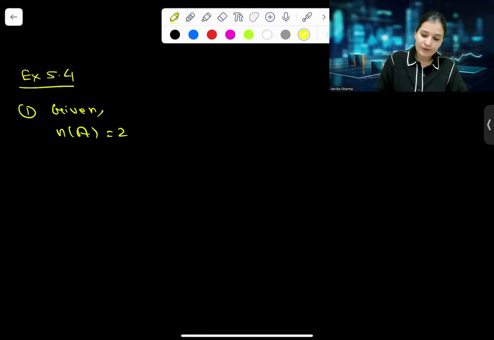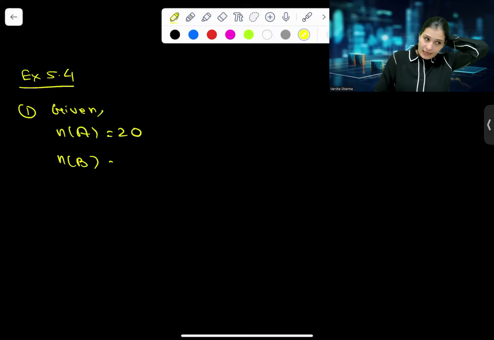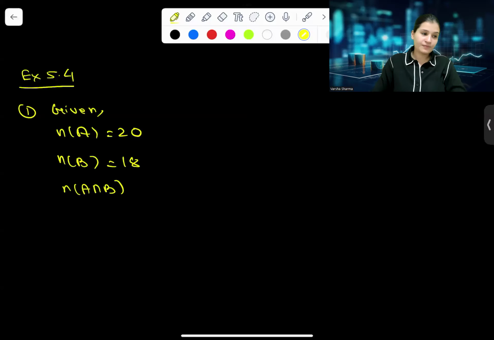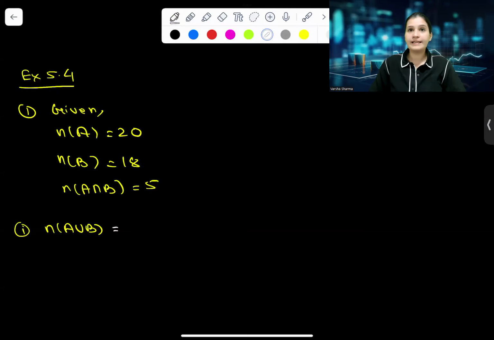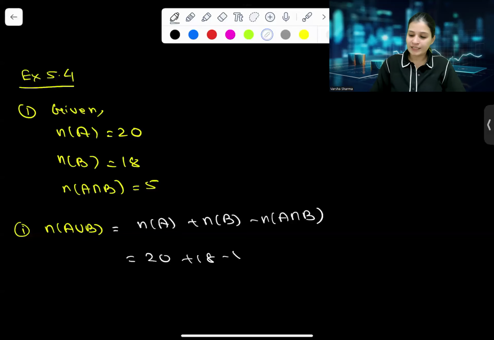A has 20 elements, B has 18 elements, and the intersection has 5. First thing that we need to find is the union. So we can use the first formula. Cardinality of A plus B minus intersection. So 20 plus 18 minus 5, that is 33. So there are 33 elements in both of them.